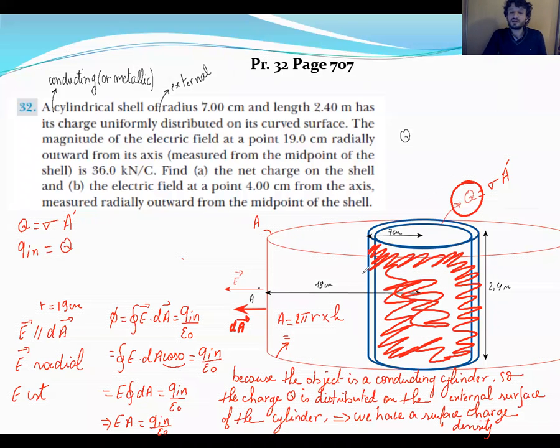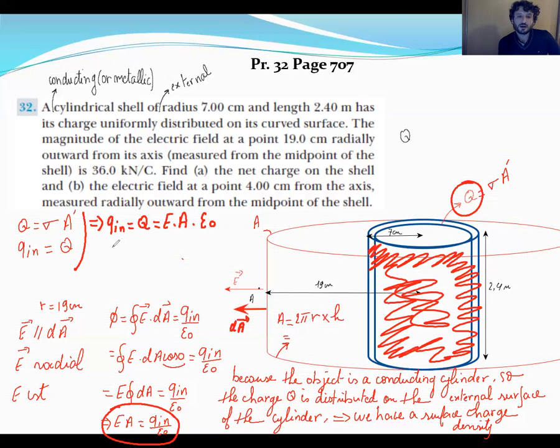So Q in equals the total charge Q. We use this equation: Q in, which is equal to Q total, equals E A times epsilon 0.